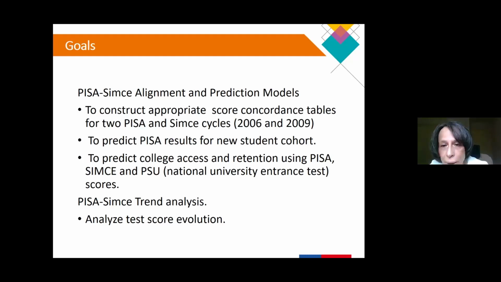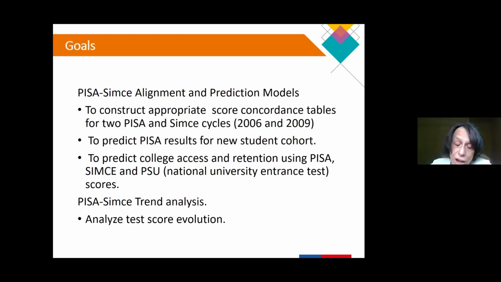So we know that we could not do real equating, but we can only try to construct some concordance tables. That means, well, one score corresponds to another score in both tests.